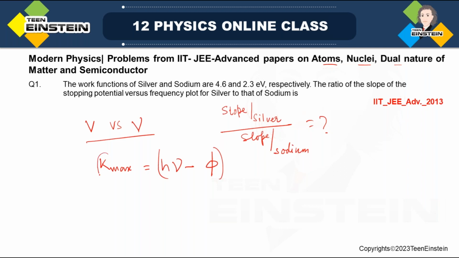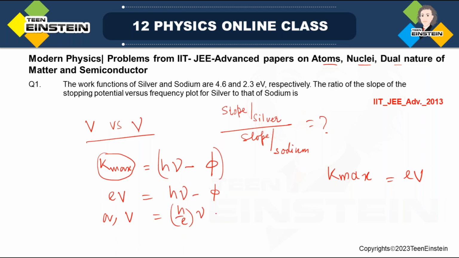This kinetic energy is exactly equal to the stopping potential energy, eV. So I can write eV is equal to h nu minus phi. Further, we can write V is equal to h by e nu minus phi.